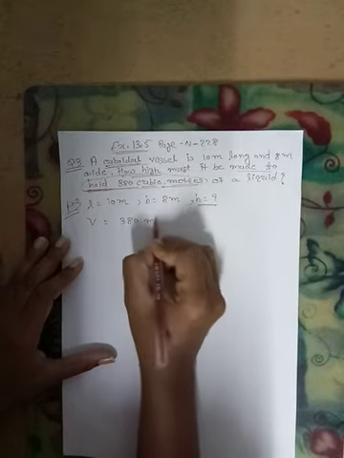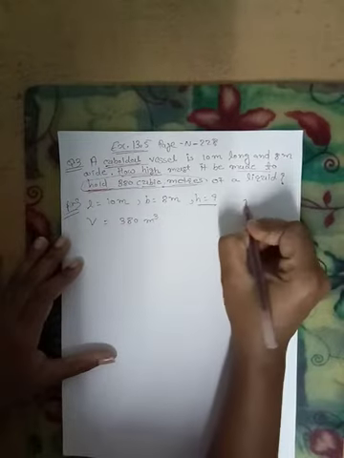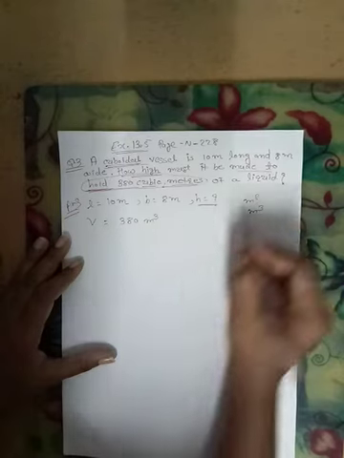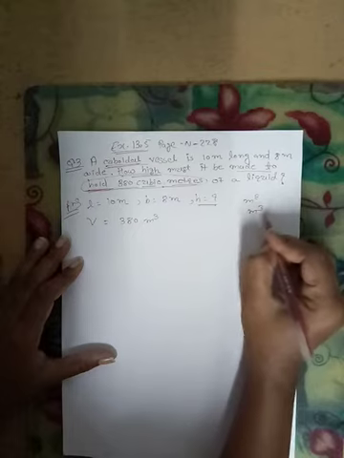That means volume is given. So V is equal to 380 cubic meters. Meter cube, that means 3; meter square, that means 2. Square meter is m square, cubic meter is m cube.